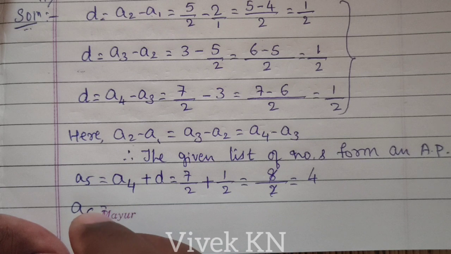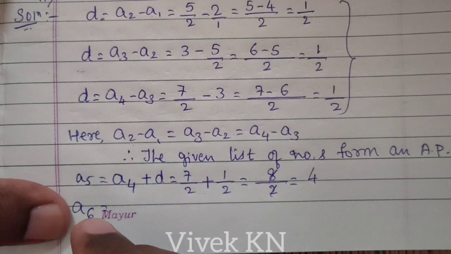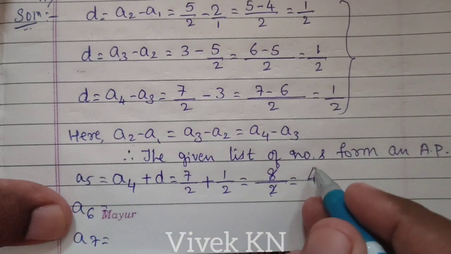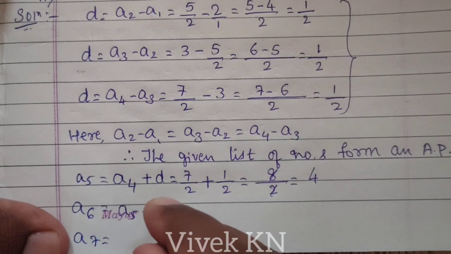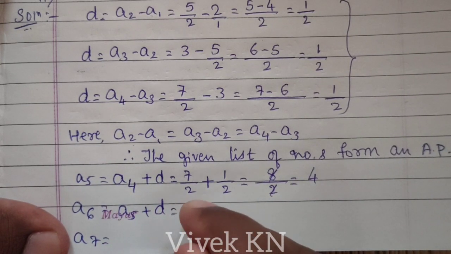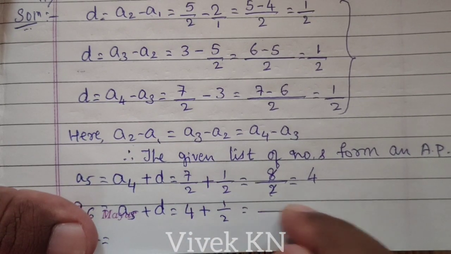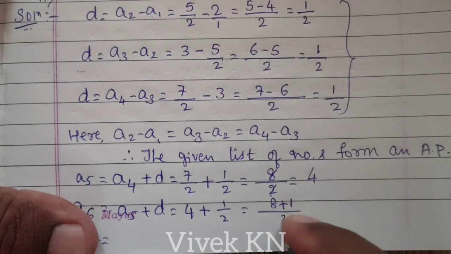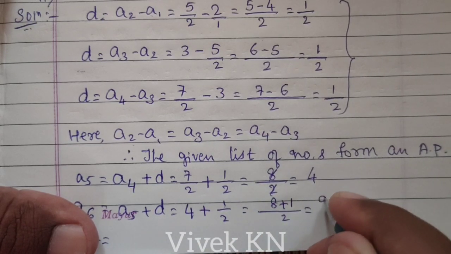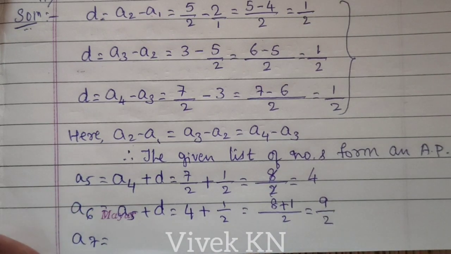Again, to find A6 we have to add common difference to the fifth term, that is the preceding term. A5 plus d. A5 is 4 plus 1 by 2. Adding these two terms we get 4 twos are 8 plus 1 divided by 2. 8 plus 1 is nothing but 9 by 2.